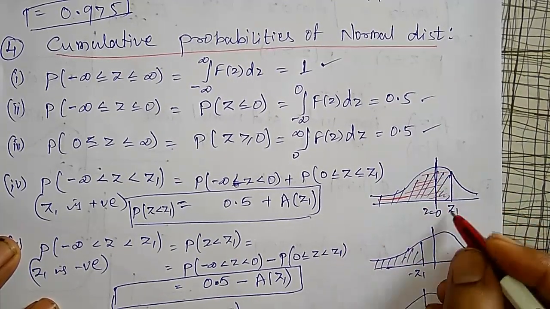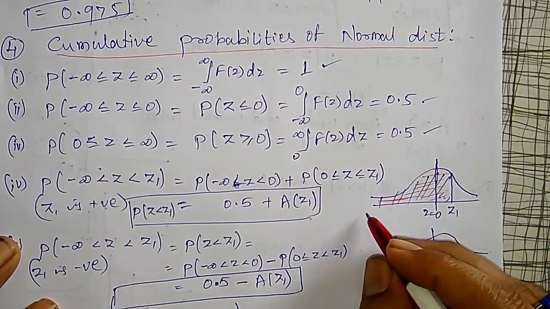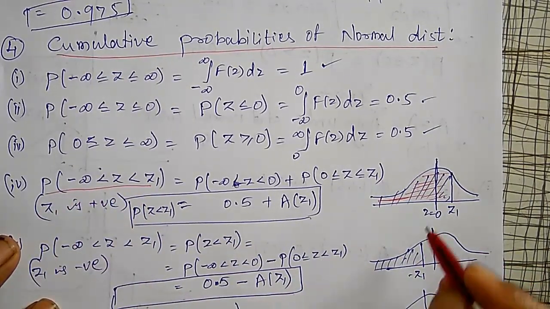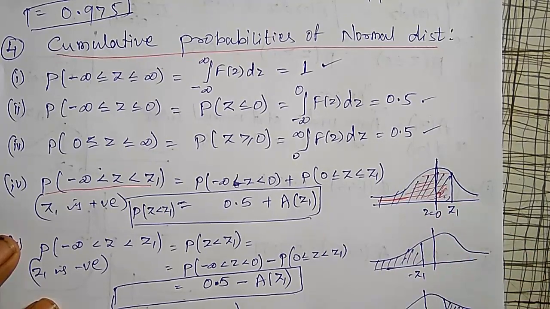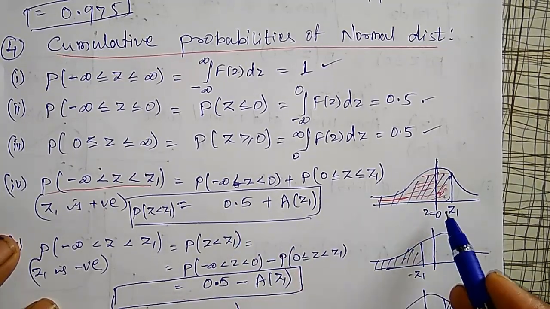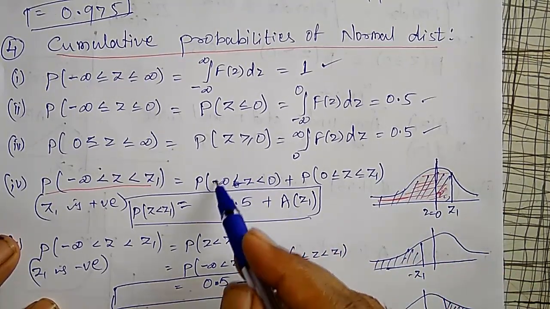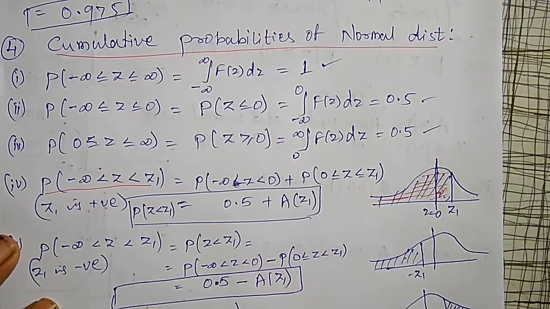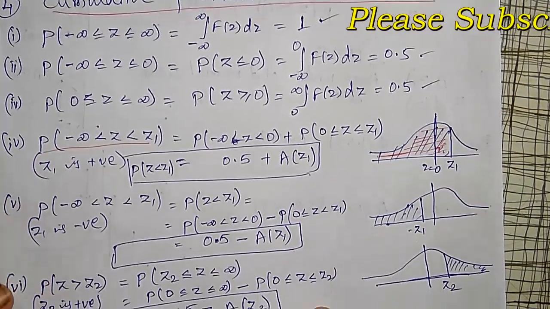Z is less than z1, everything up to minus infinity, that's why I have taken this. This is the required area I want to find out. This total area is from minus infinity to z1. I will divide it into two parts, minus infinity to 0 and 0 to z1. This area is nothing but 0.5. This area is nothing but A of z1. This is how to calculate the probability.